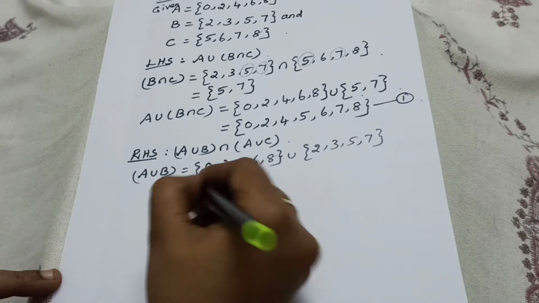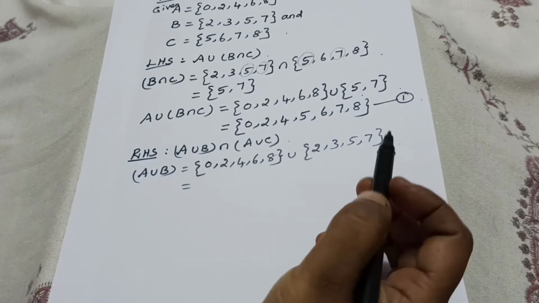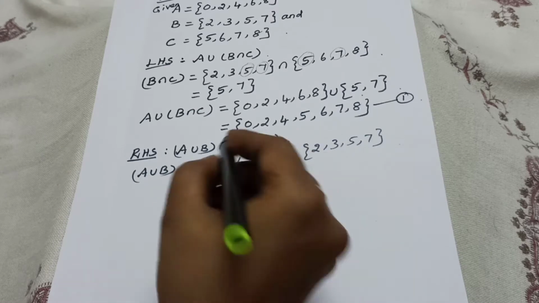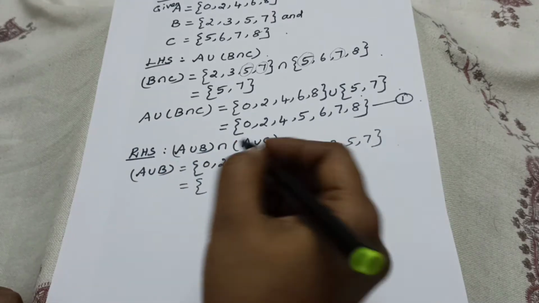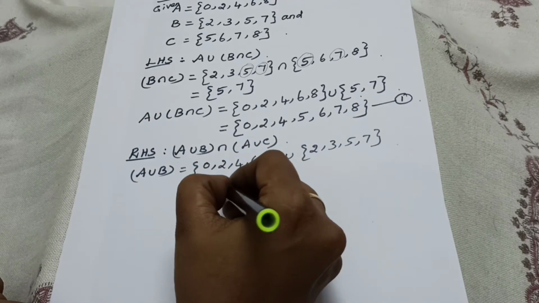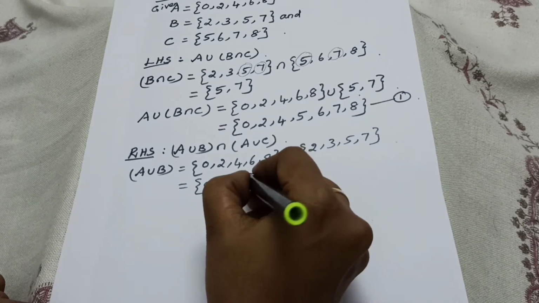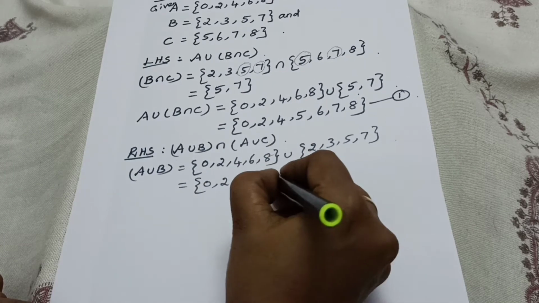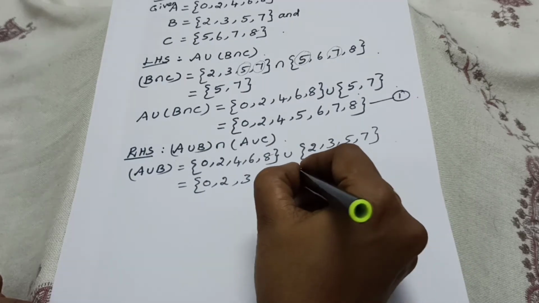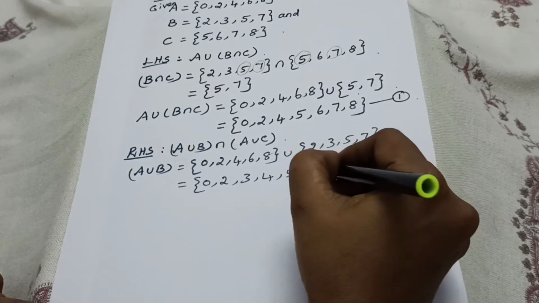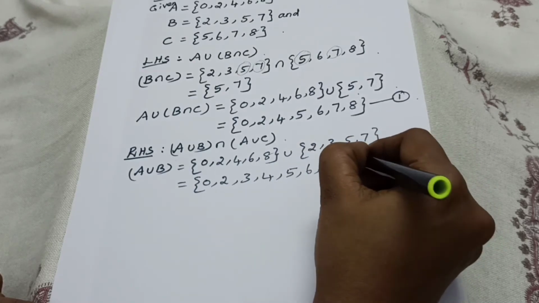Union means the A values and B values both together we have to write. What are the elements? 0, 2, then 3, 4, 5, 6, 7, 8.